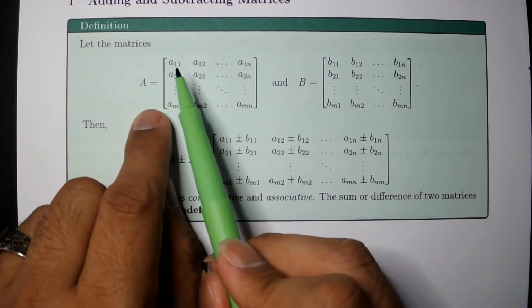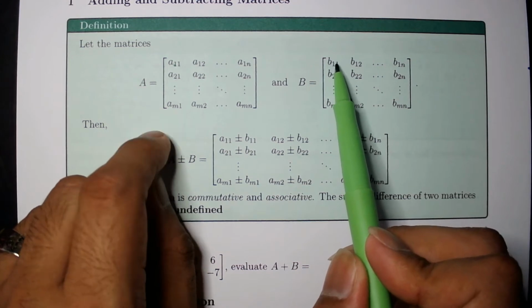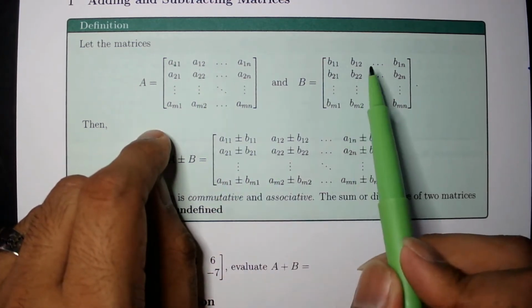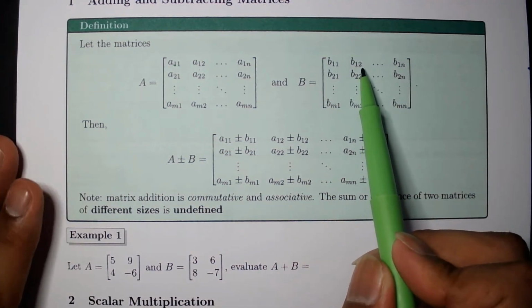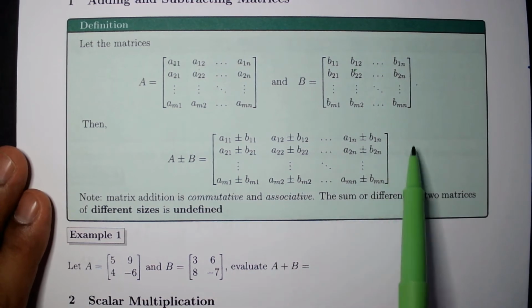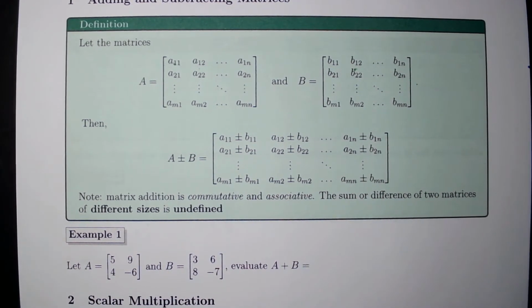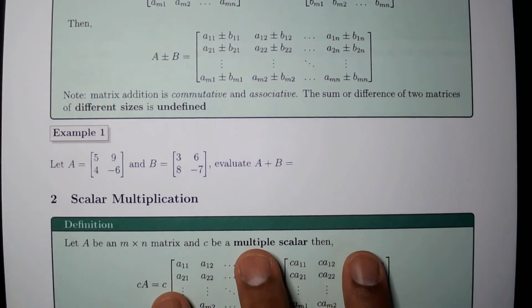For example, the element A1 1 gets added with the element B1 1. The element A1 2 gets added with the element B1 2, and so on and so forth for all the elements in the rest of the matrix.